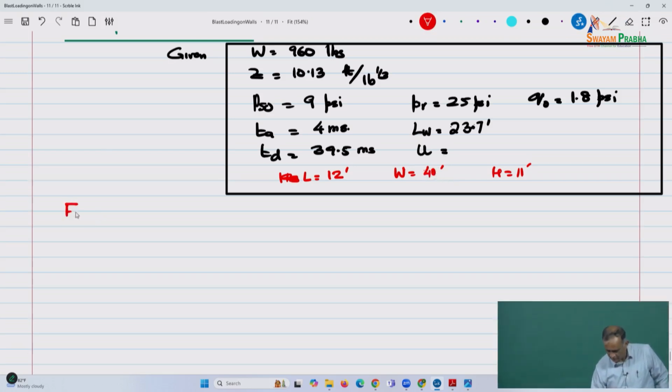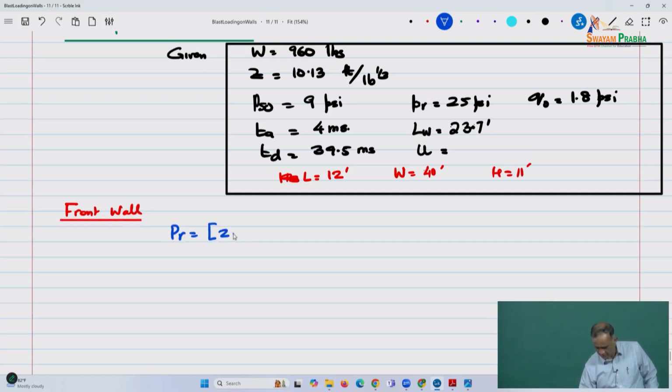So, coming to the front wall, we can do a couple of them and check. These are easy calculations. PR is 2 plus 0.05 PSO multiplied by PSO, which is 2 plus 0.05 multiplied by 9.